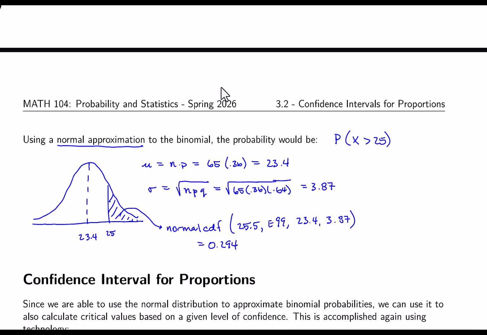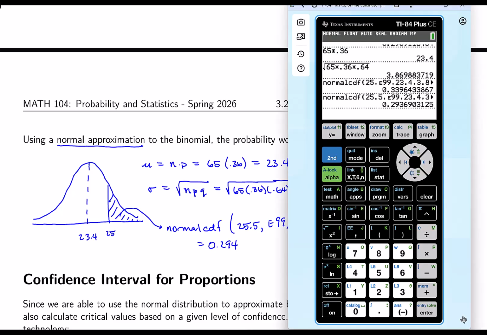And because of this, we can use, under those given conditions, that n times p and n times q are both greater than or equal to 5, which in this case, it's not even close. Like n is 65, p is 0.36. 0.36 times 65 is what I meant.